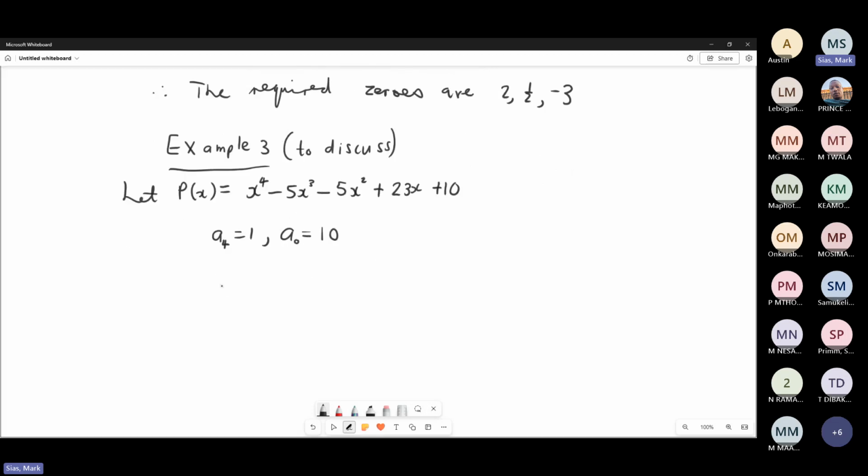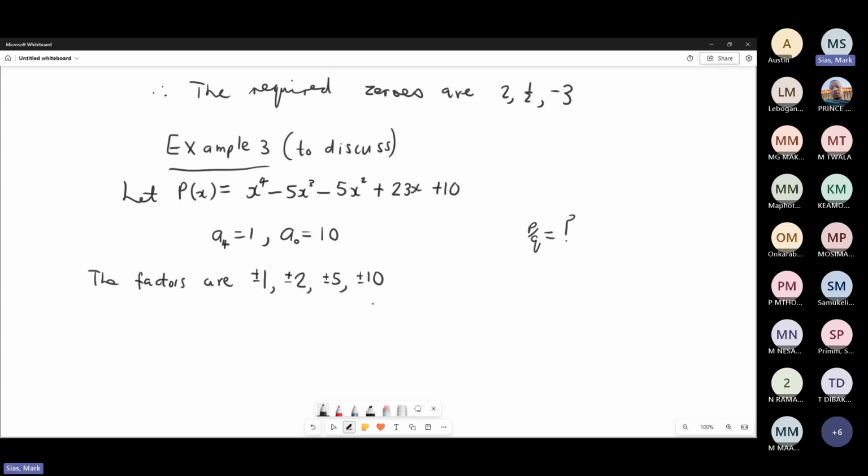Remember, you want to form P over Q. So the combined factors are: for 1, it's plus or minus 1, which is also the same for 10. 10 has factors plus or minus 2 in addition to plus or minus 1, and factors plus or minus 5 in addition to plus or minus 10.